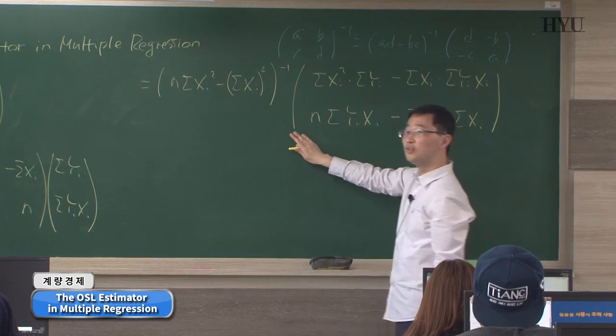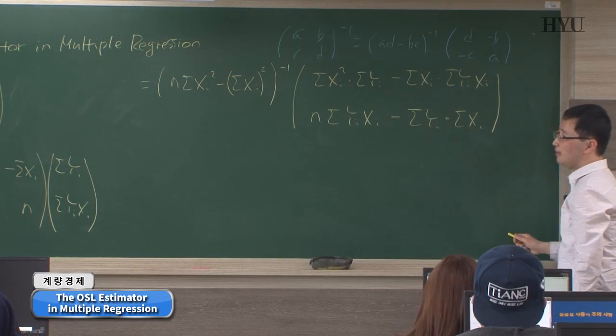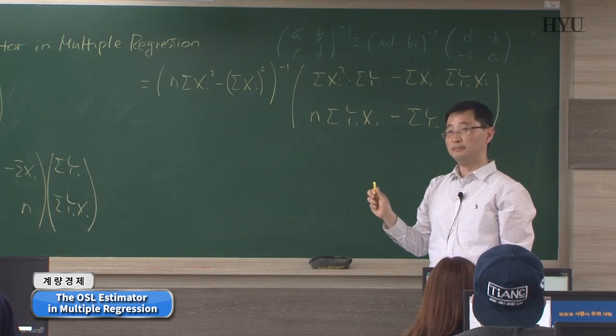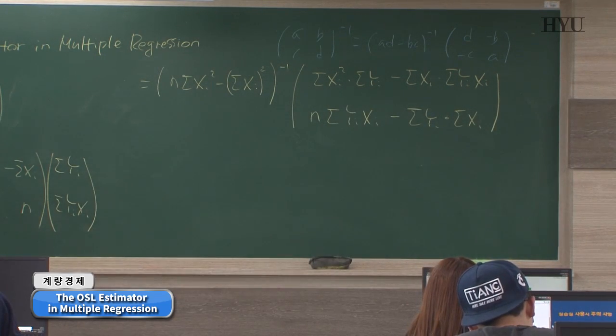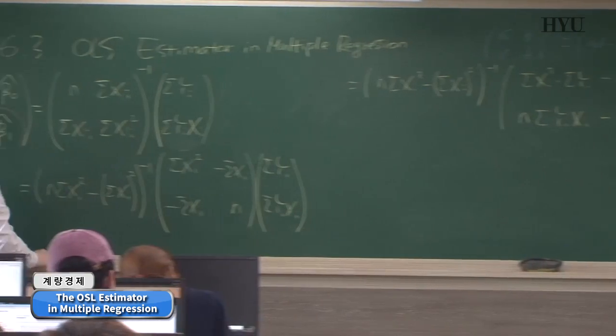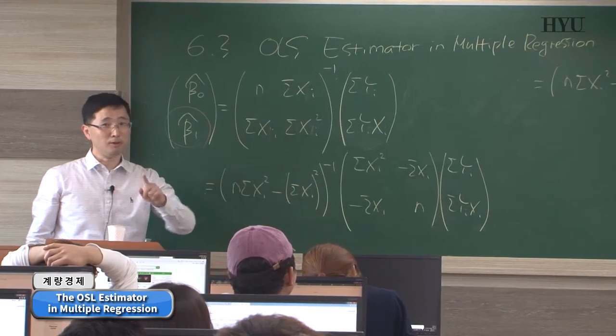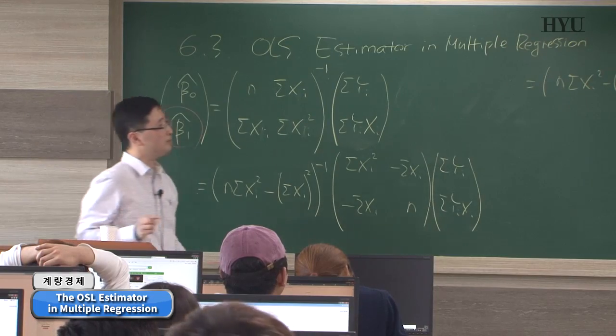So did you get this? Now let's focus on the second one, beta 1 hat, because that's the thing that we remember. Right? So let's see. We get the same formula that we remember. We already know.